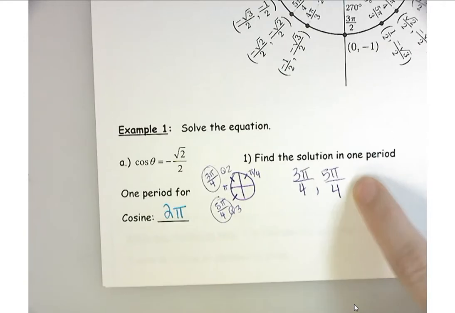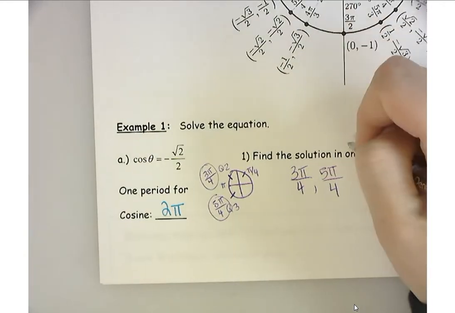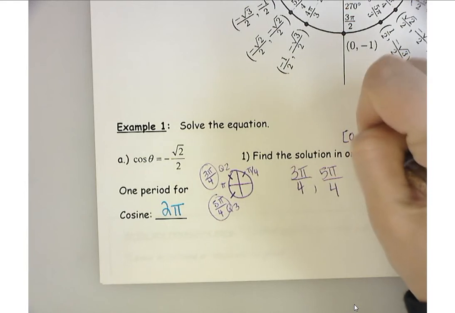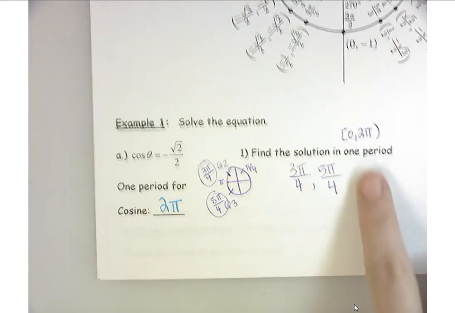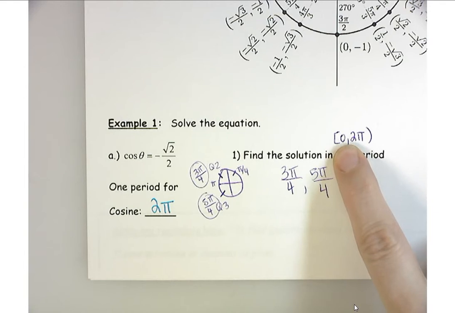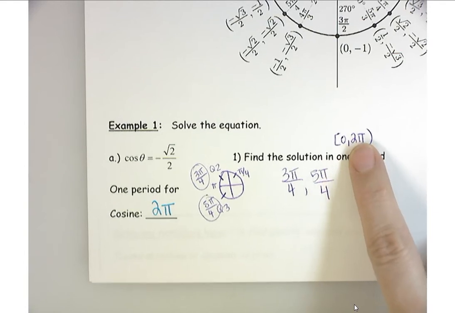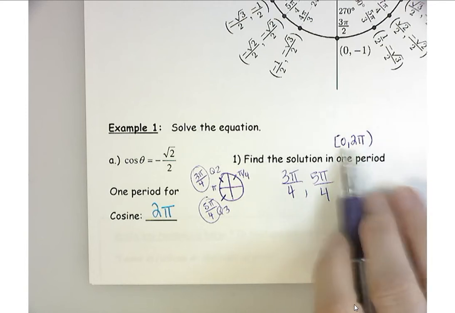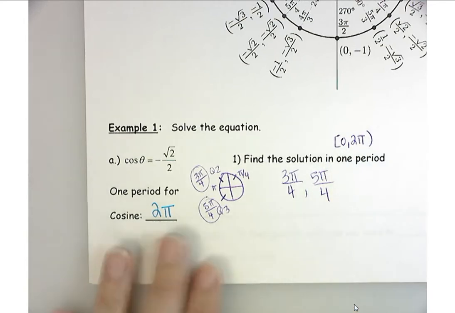Okay, so the solution in 1 period would be in the interval from 0 to 2 pi. And this is how you'll commonly see that interval displayed. So it means you start at 0, you include 0, but you don't include 2 pi. Because 0 and 2 pi are the same place, so you would just write 0.